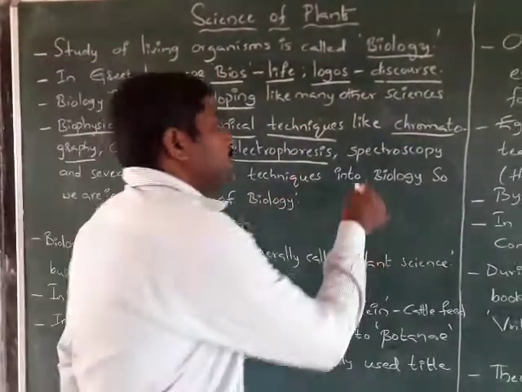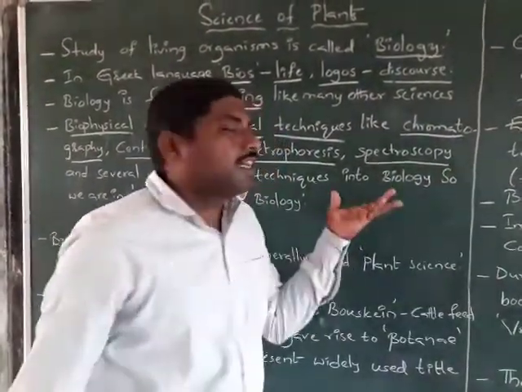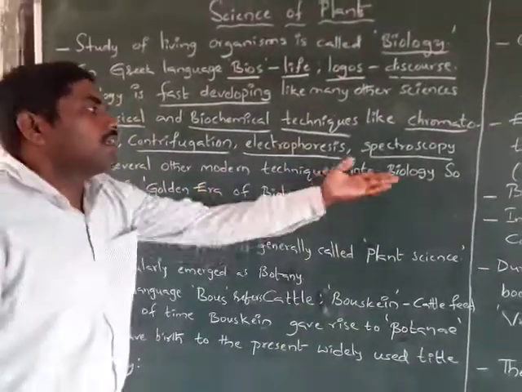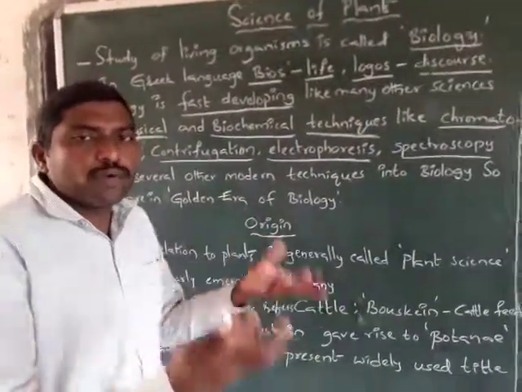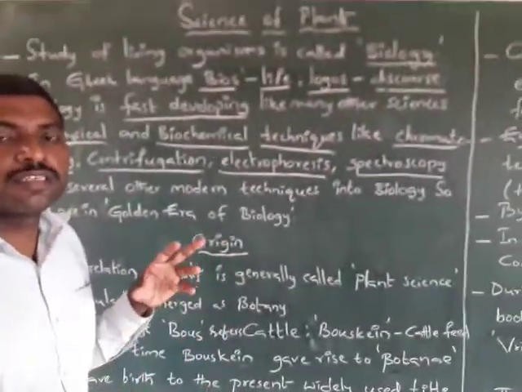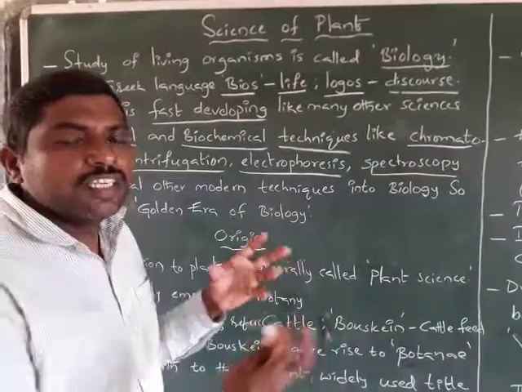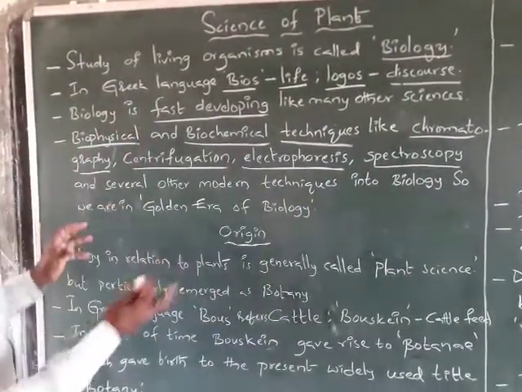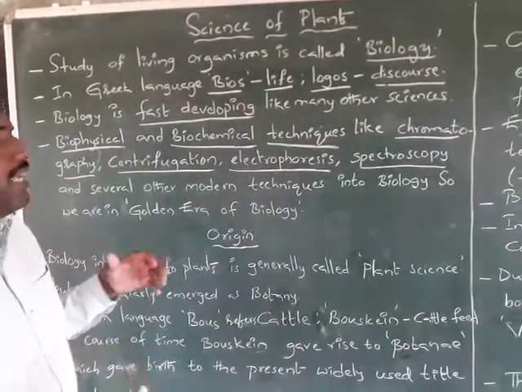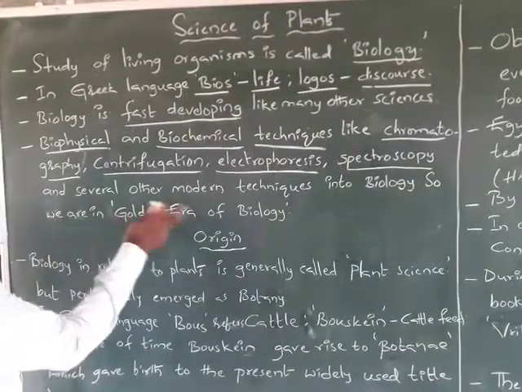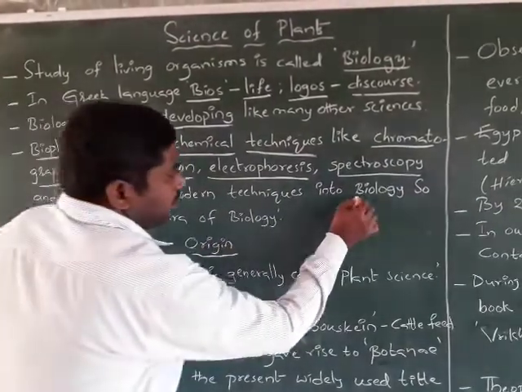And spectroscopy, the NMR spectra and mass spectra, are used for compound analysis, to find the number of atoms present in a compound. These are the types of tools which have been developed in our biological science, along with several other modern techniques.